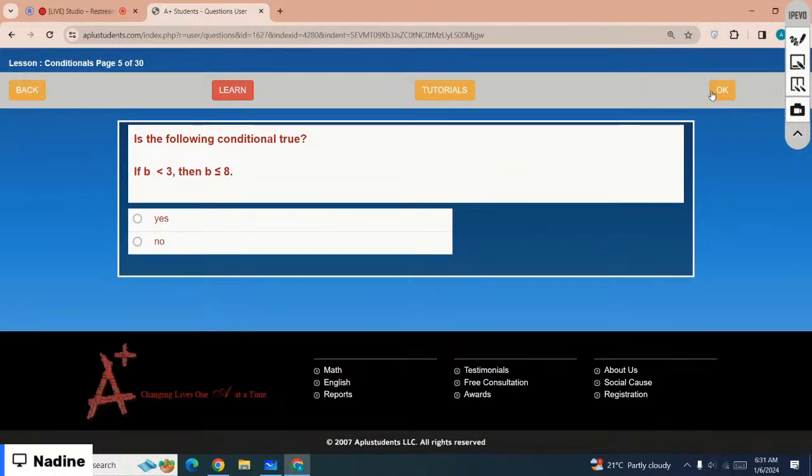If b is less than 3, then b is less than or equal to 8. True it is, right? The correct option is yes.